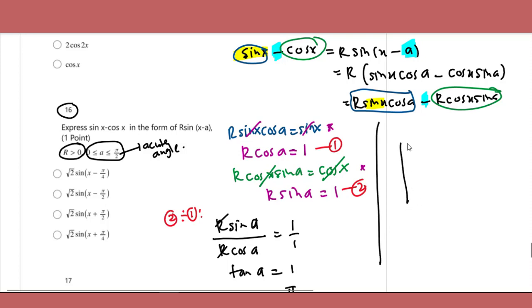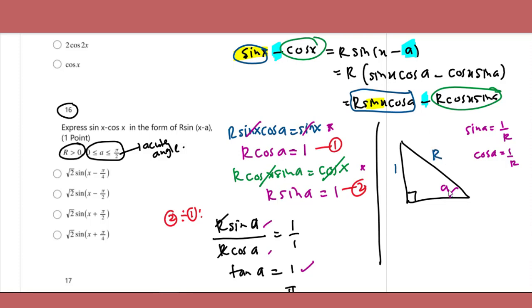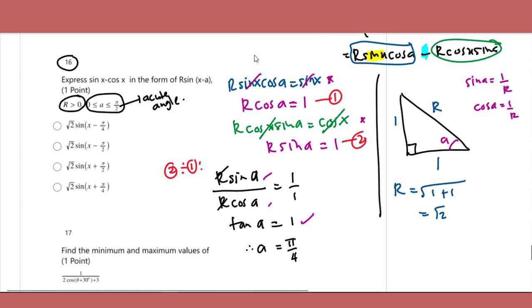To find r, just sketch a simple right angle triangle, and this is angle a. Then sin a is equal to 1 over r, cos a is equal to 1 over r. Using the Pythagoras theorem, 1 squared plus 1 squared is equal to 2, so r is the square root of 2.